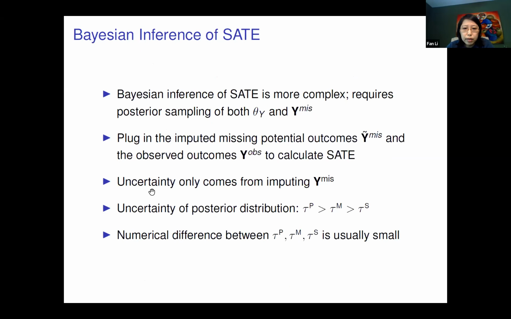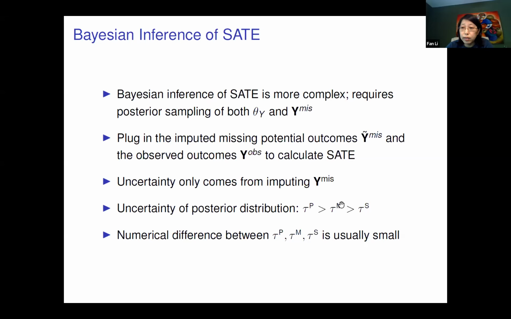a Y miss. Again, overall, in general, if you look at the three in terms of the posterior distribution of the estimand, the PET has the highest uncertainty because it also comes from the sampling of the X, and the SATE is the smallest because the SATE is only on a sample.